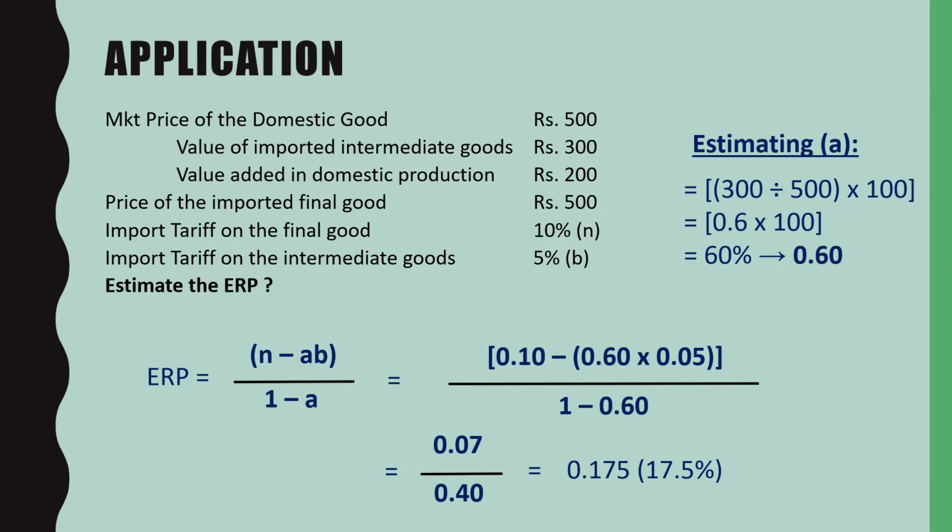In a question, as long as you know the percentage of imported intermediate inputs within the final product, you can do this. As long as the information for A is given, you can do this. Get it? Any questions, please?